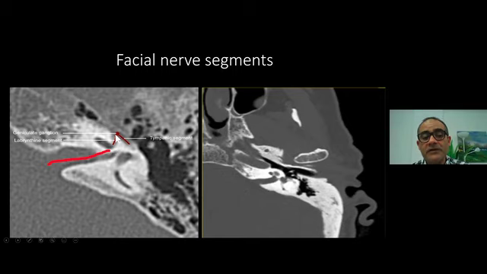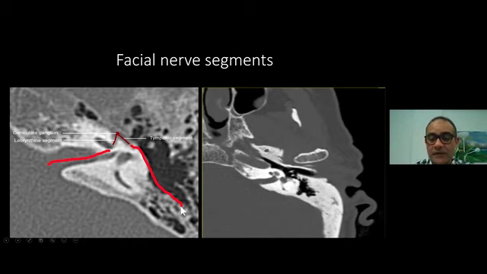So the inverted V shape is the labyrinthine segment, the geniculate ganglion, and then the tympanic segment will start here, the other arm of the inverted V, and then the tympanic segment will go all the way along the medial surface of the middle ear cavity. So here at the level of the lateral semicircular canal, this is where the tympanic segment will go until it reaches the posterior wall, the mastoid, where it will form the mastoid segment later.